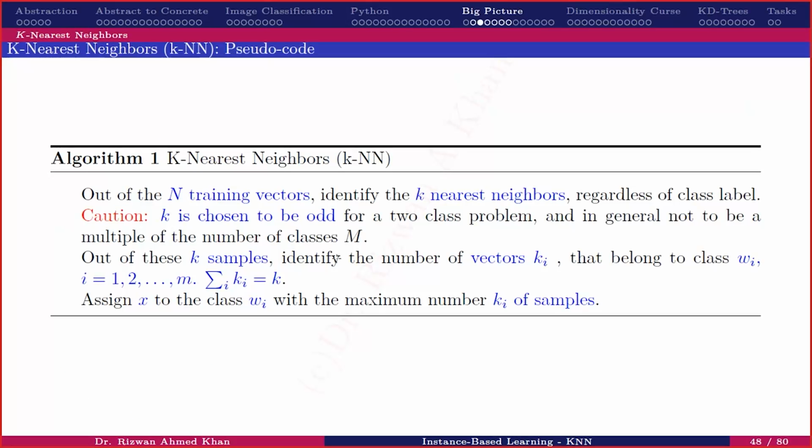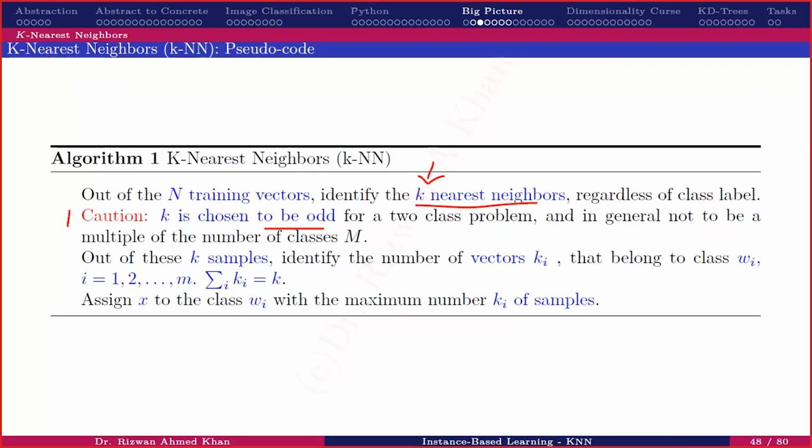So this is formally how we can write the k nearest neighbor classifier algorithm. Out of n training vectors, identify k nearest neighbors. So k is a metric or hyperparameter that we can tune. The k is chosen to be odd, and I have given you the reason: we are doing majority voting, and if we have an odd number of votes, then it's easy to find who is the winner.